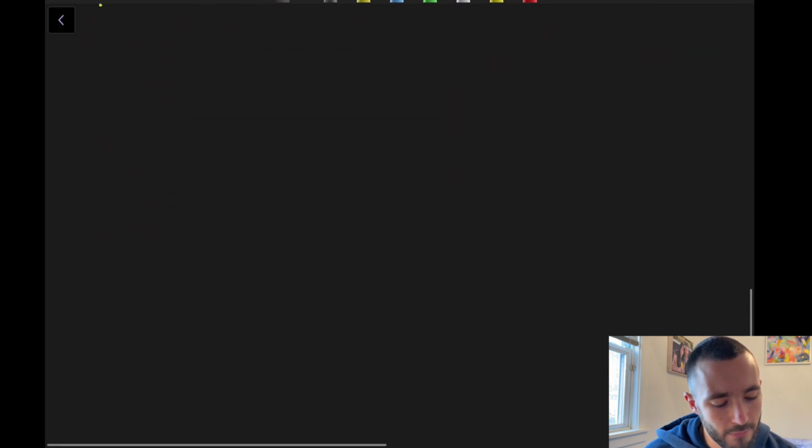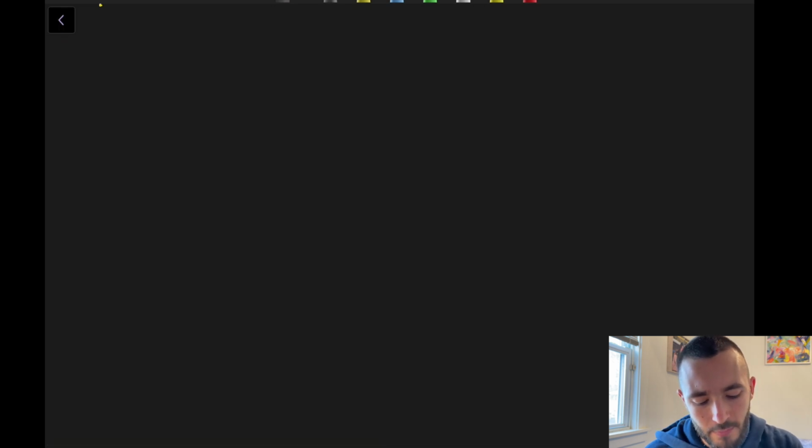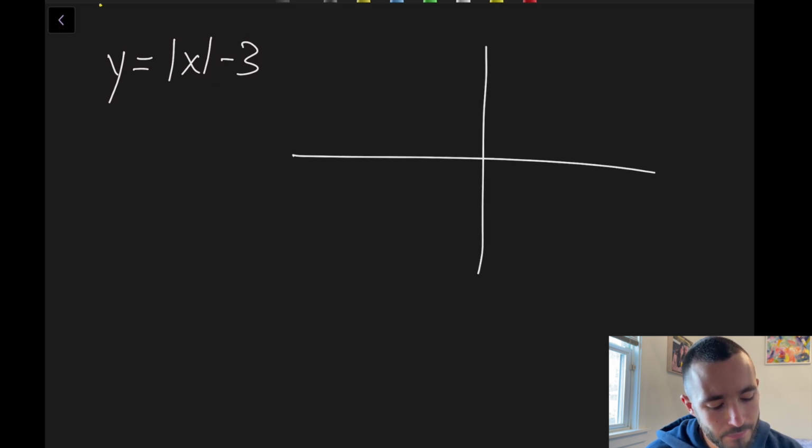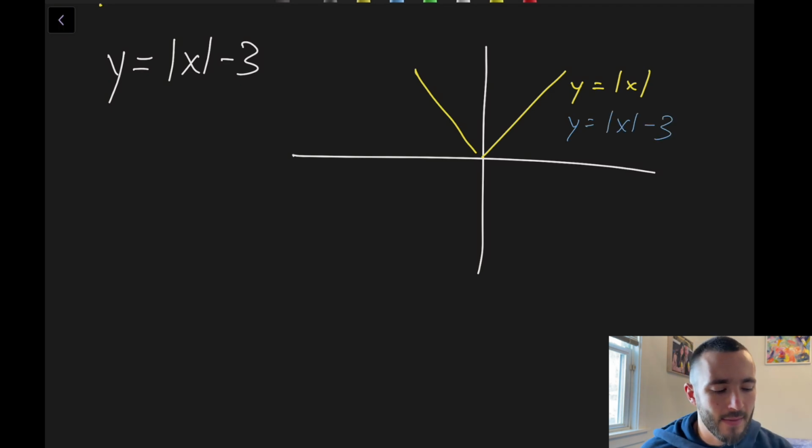If we have, for example, y equals the absolute value of x minus 3, what is that minus 3 going to do? We already know that absolute value of x is this V. That's y equals absolute value of x. So now in blue, let's say y equals absolute value of x, and then the minus 3 is outside the absolute value.